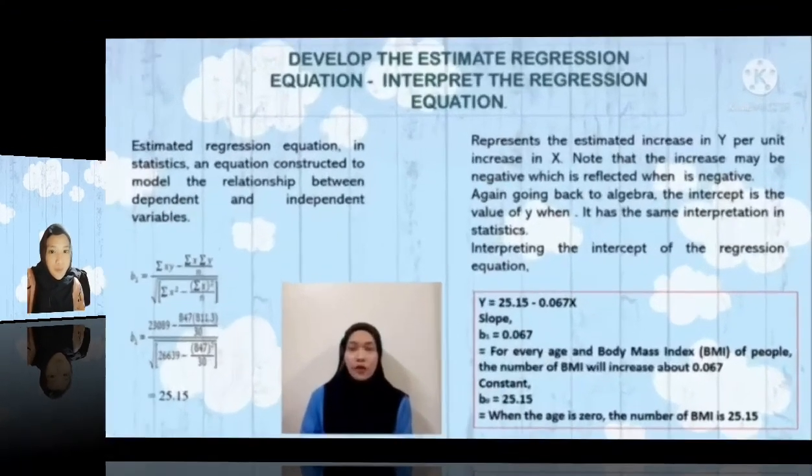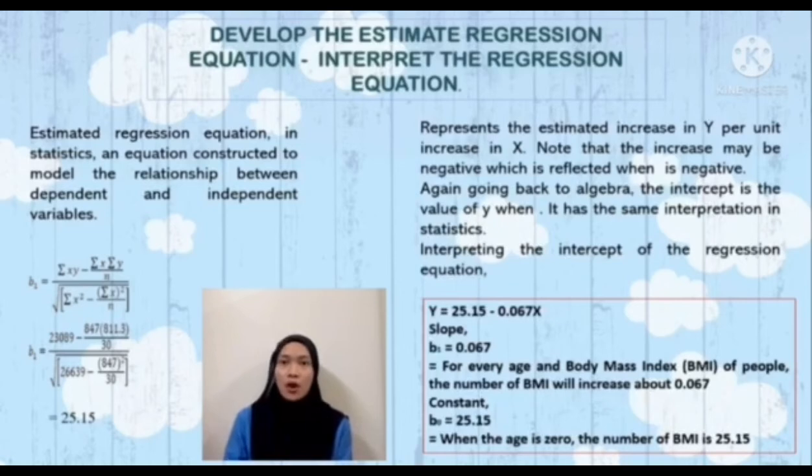I will present part B question number 4. Develop the estimated regression equation and then interpret the regression equation. To calculate the estimated regression equation in statistics, an equation is constructed to model the relationship between dependent and independent variables.